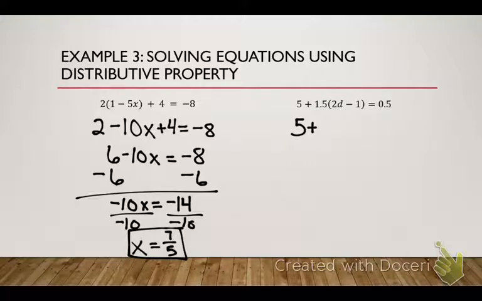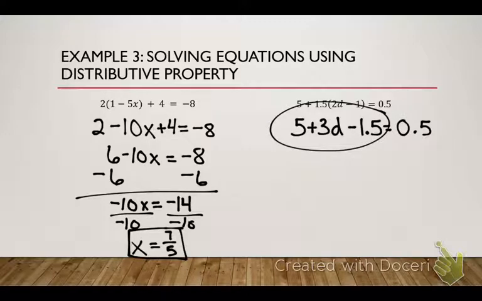A couple of you had it. 3d. What's 1.5 times negative 1? Negative 1.5 equals 0.5. Okay, I see 3 terms.